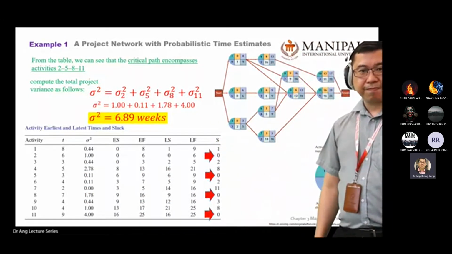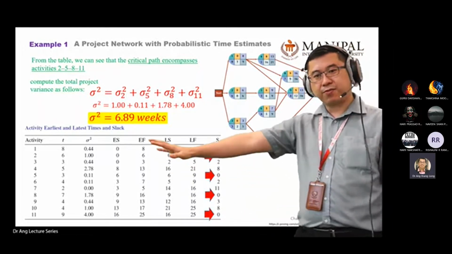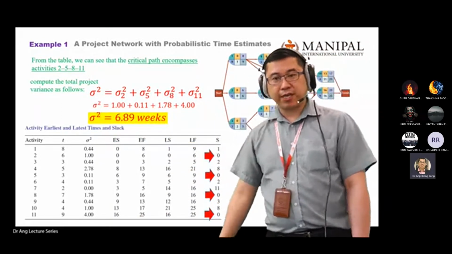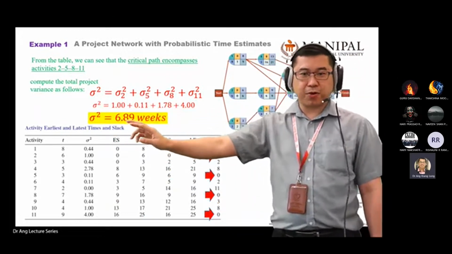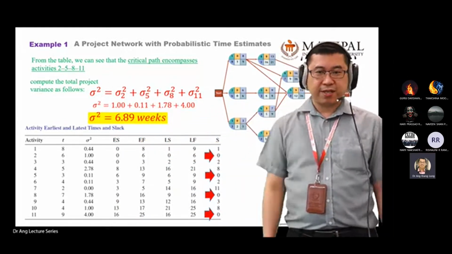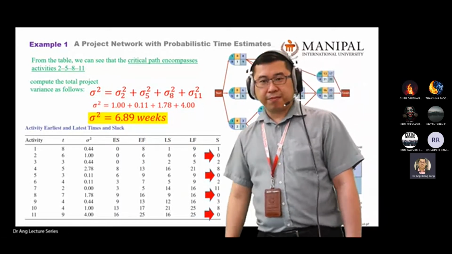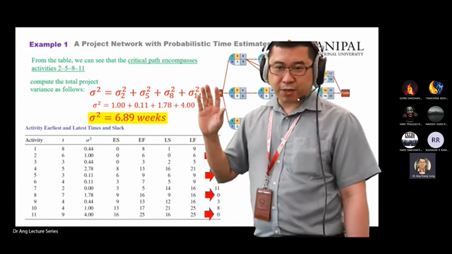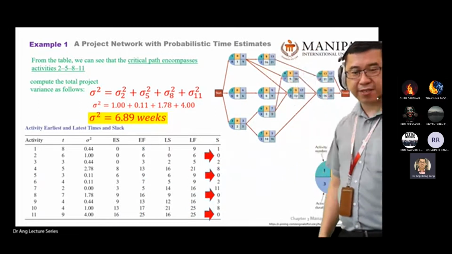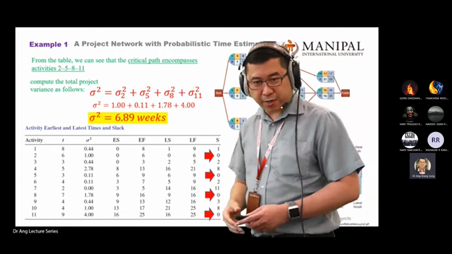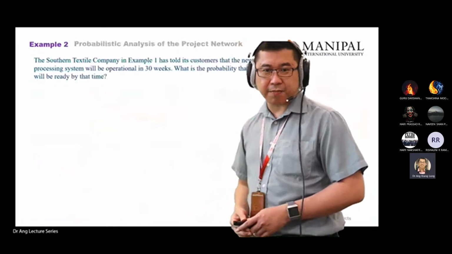Or you can say, if your activity can be finished within 6.89 weeks, you can still catch up the delay time within the process. Okay, so this is what all the numbers mean.